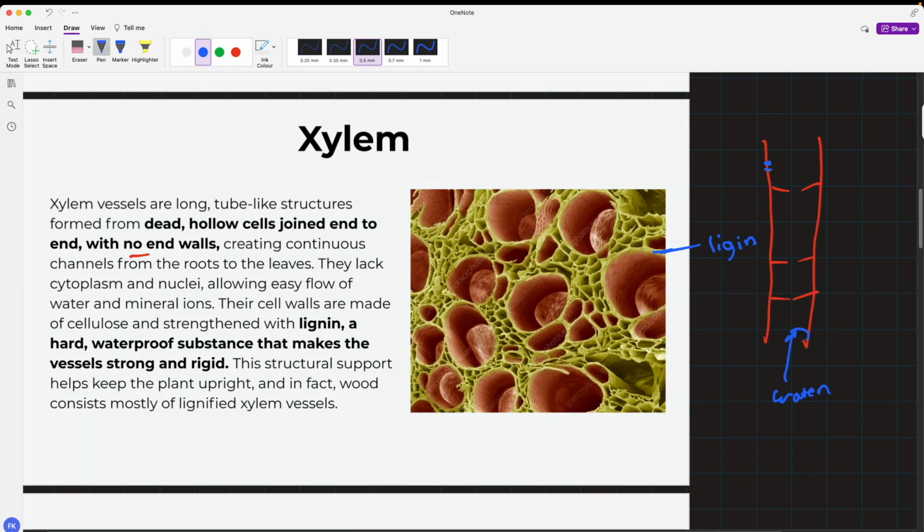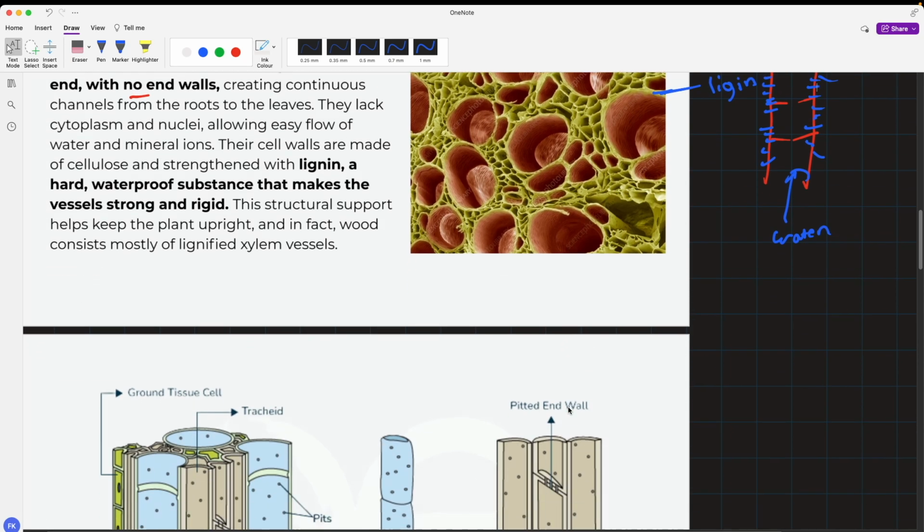For example, this is the lignin particle. Lignin strengthens the vessels so they don't collapse, and it is waterproof. As xylem is moving water, if the water leaked, it wouldn't be efficient, right? The wood that you see in plants actually consists mostly of lignified xylem vessels.